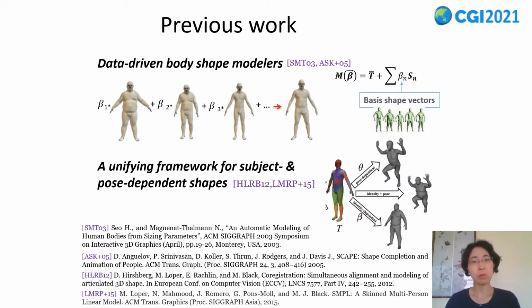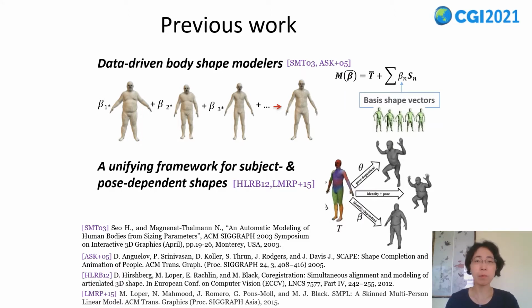One remarkable recent trend along this line of research is the data-driven approach to the modeling of human body shapes. By using hundreds of scanned shapes of real people under correspondence, a so-called shape space is constructed, where a shape instance is represented by a small number of weights to basis shapes.